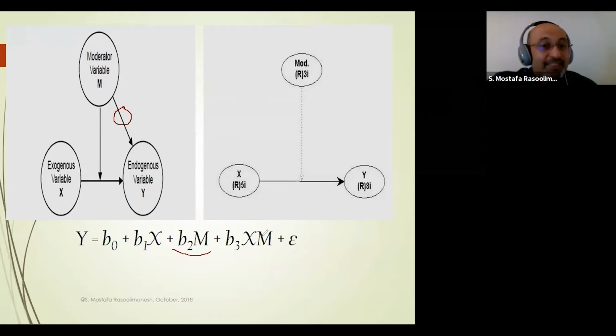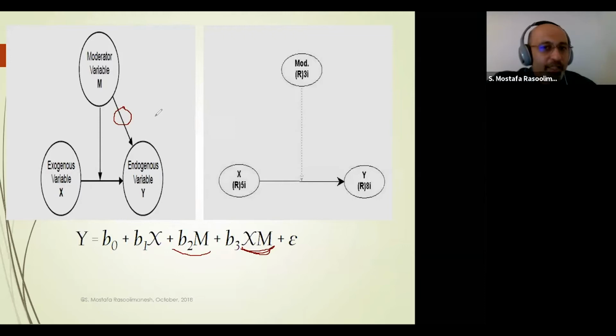XM is the independent variable multiplied by the moderator. So we create a new variable XM by interacting the IV and the moderator, by multiplying them.